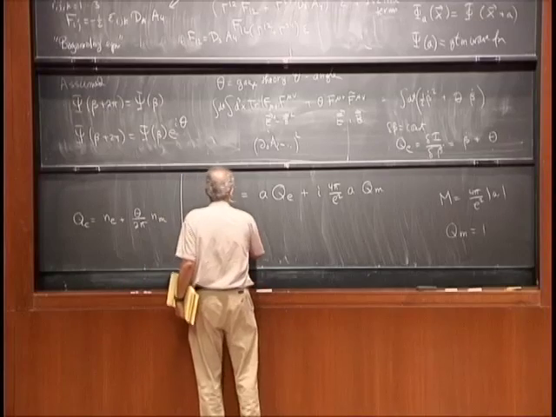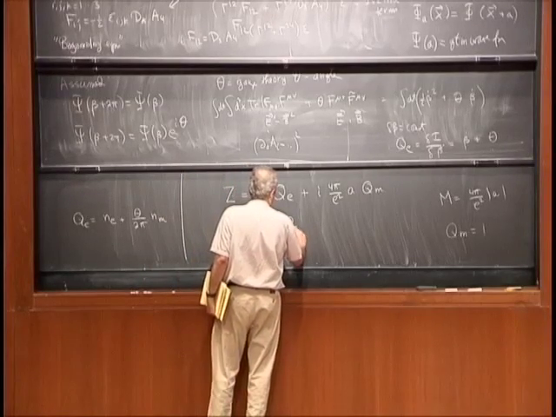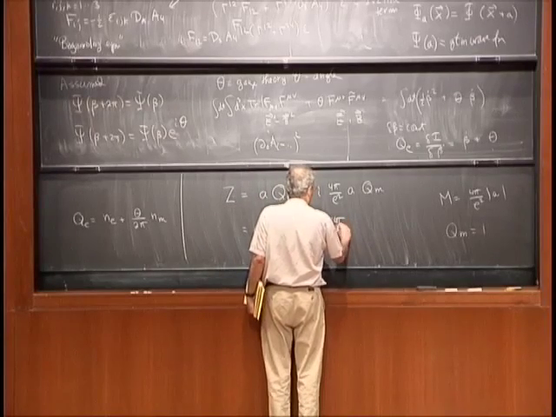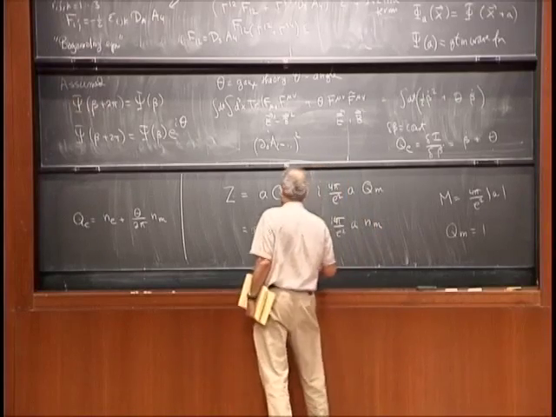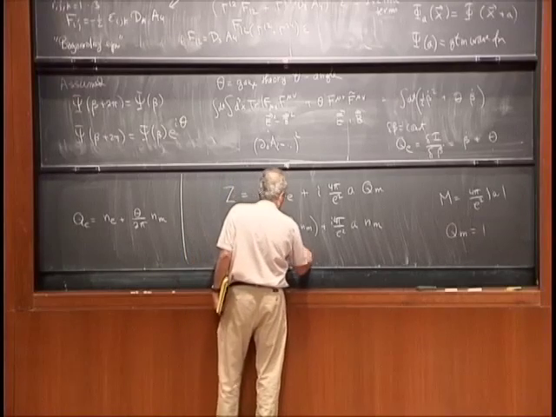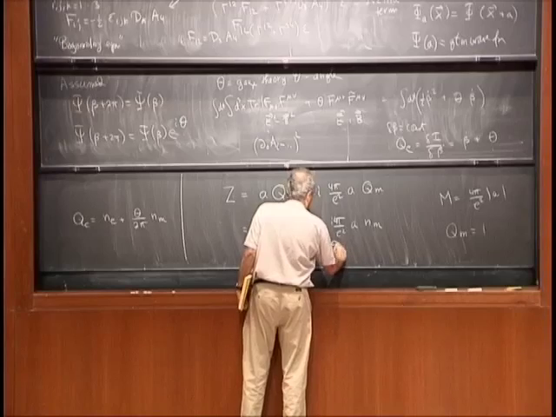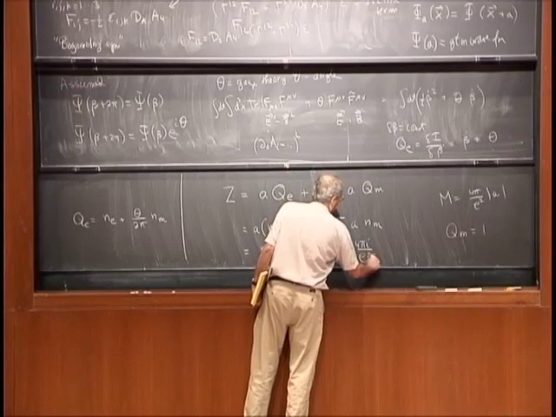So we write it as a times Ne plus theta over 2 pi times Nm plus i times 4 pi over e squared a times Nm. Or in other words, we write it as Ne times a plus Nm times theta over 2 pi plus 4 pi i over e squared.